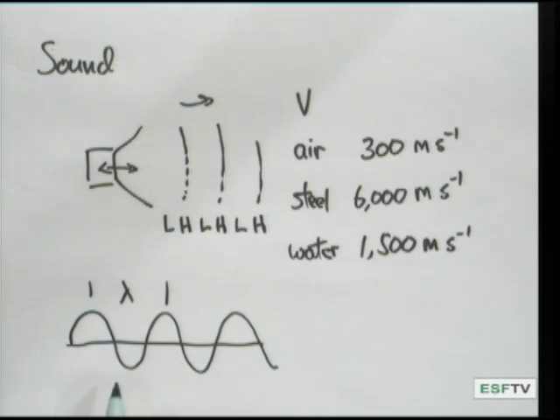And irrespective of what the medium is, the frequency will remain the same. The only difference will be that depending upon the elasticity of the medium, the speed of propagation may be either higher or lower.